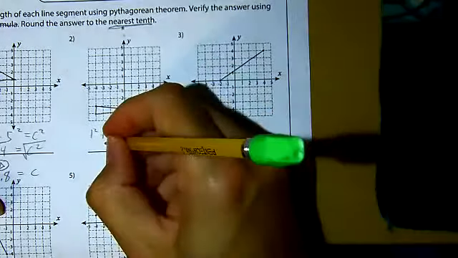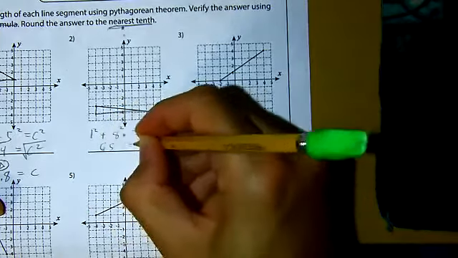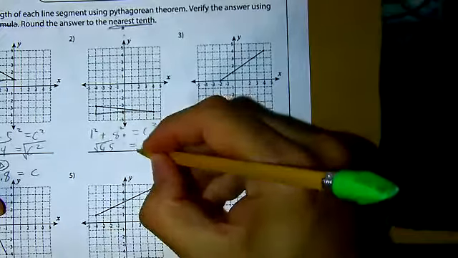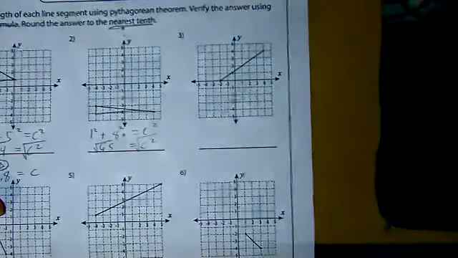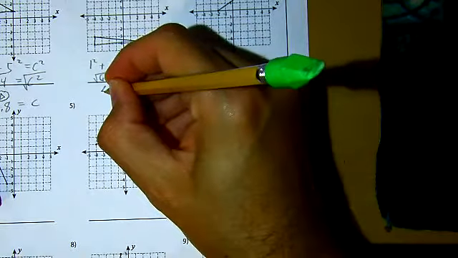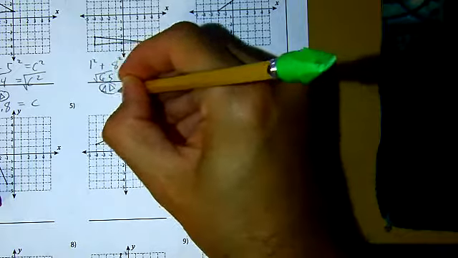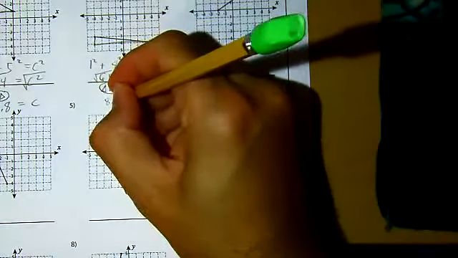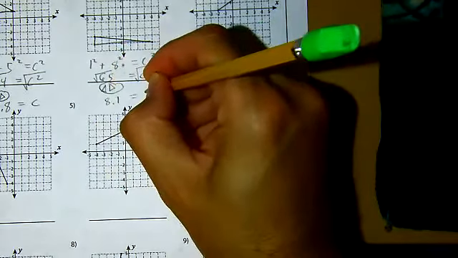That's going to give you 65 on the calculator. Take the square root. Again, that's just going to pump out square root of 65, I think. Then you're going to have to hit your change key. And it's going to give you 8.1 for your final answer.